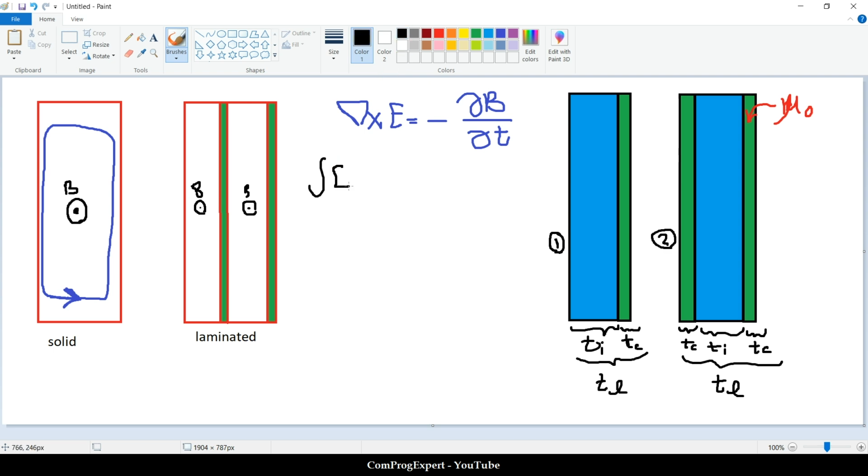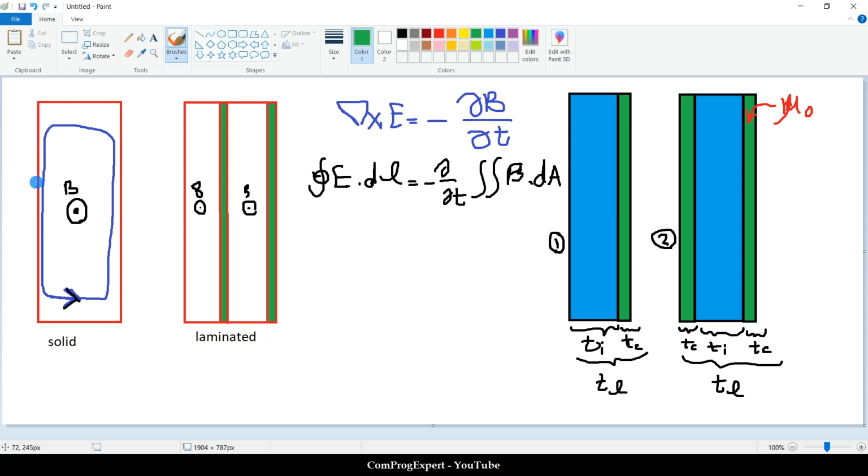Integral of E dot dl on a closed path, the closed path that I considered in this solid iron, equals negative of the partial derivative with respect to time of this double integral of B dot dA, this surface integral.